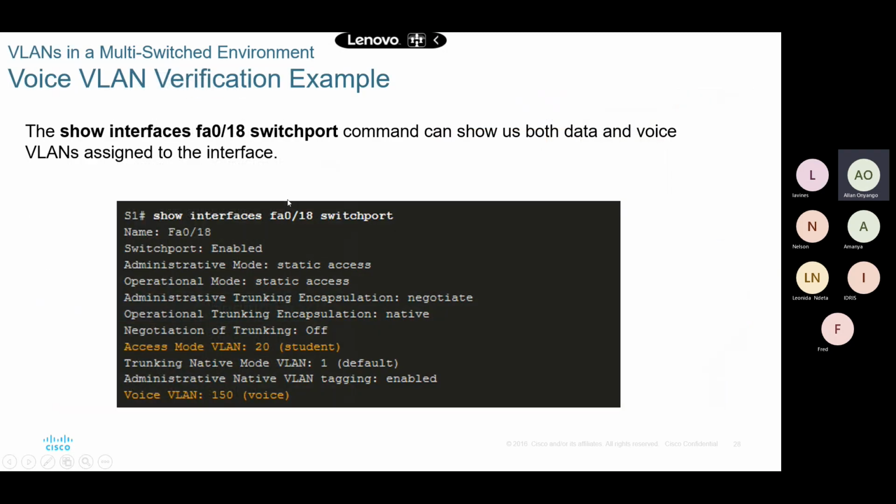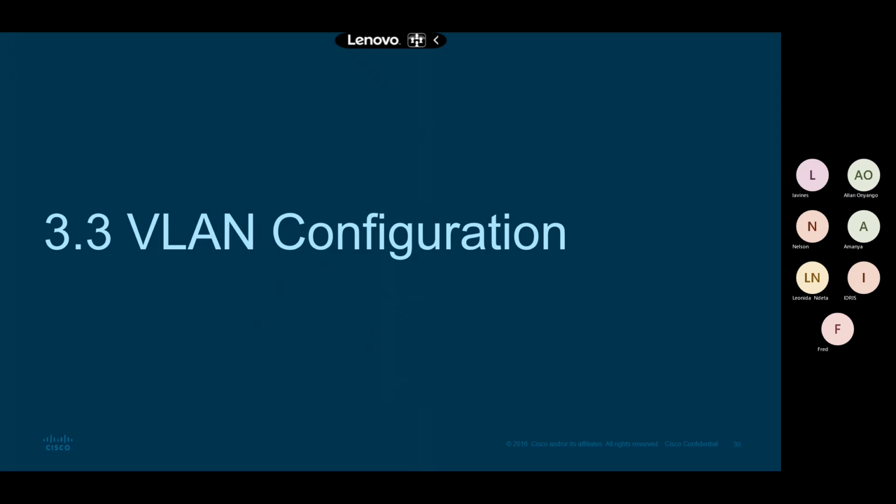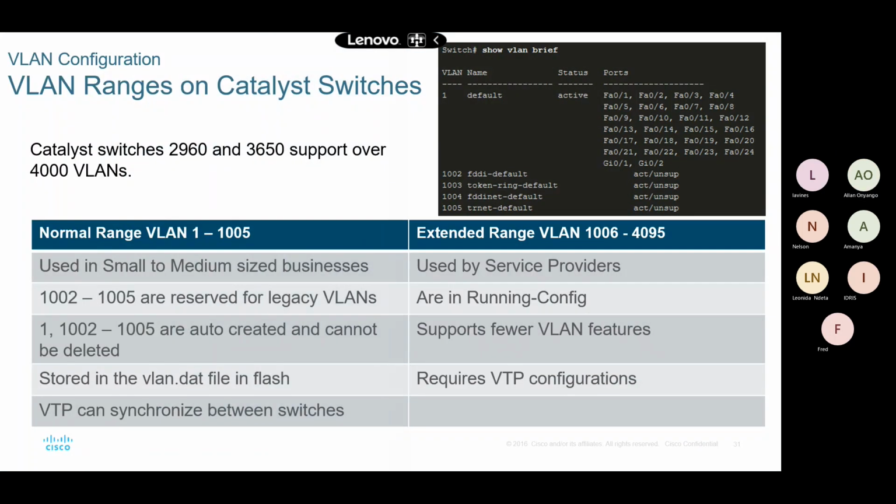Now, I want to talk about how to create VLANs. That is something that is very, very important. How do we create these VLANs? Number one thing that I want you guys to note is that every switch, including the one that I'm going to open in my Packet Tracer to show you, has two categories of VLANs we need to learn about.